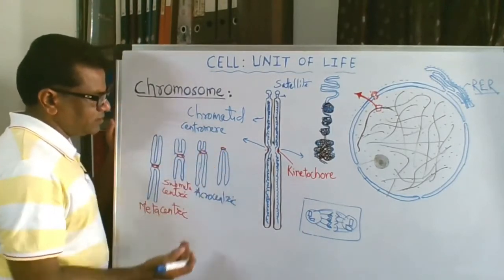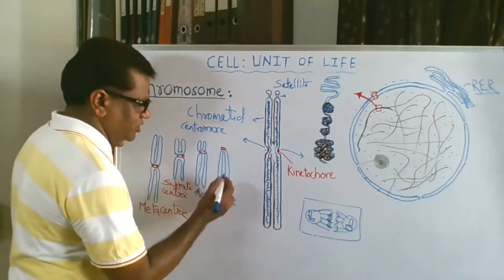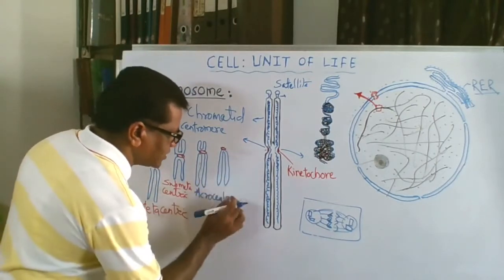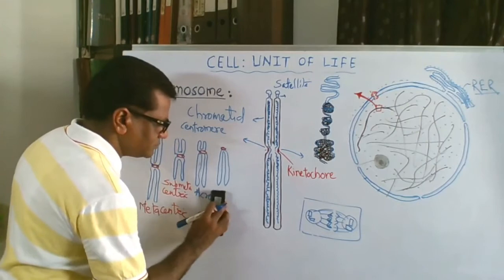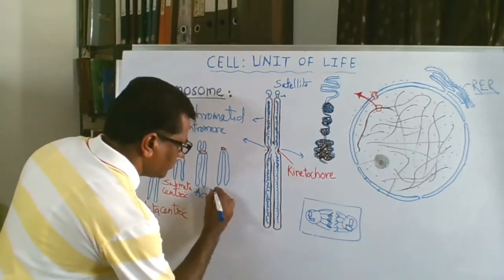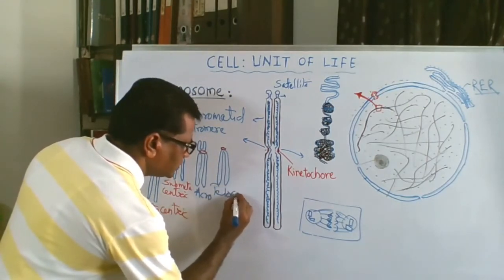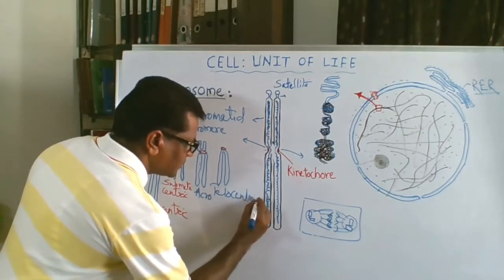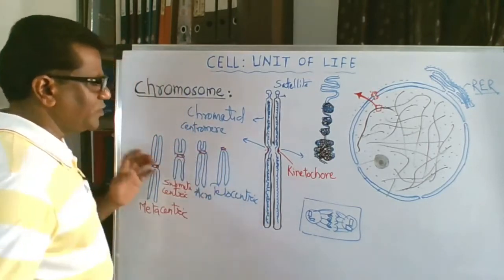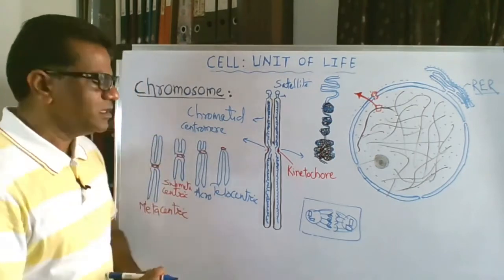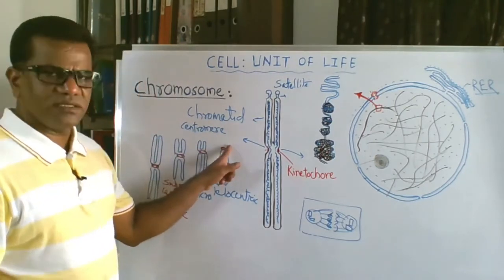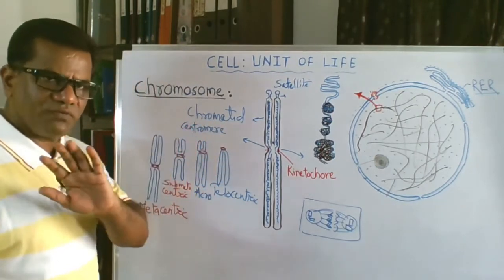And this is one type which is called telocentric. This is acrocentric and this is telocentric chromosome. Now in this type of chromosome there are no short arms. Such chromosomes are very rare.